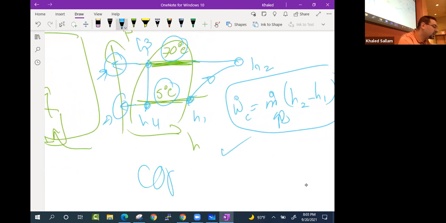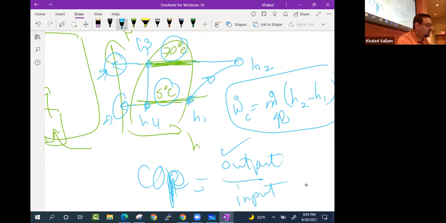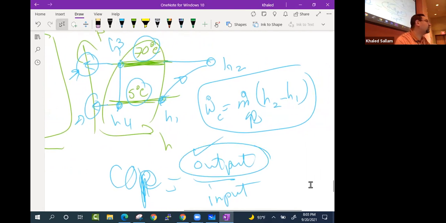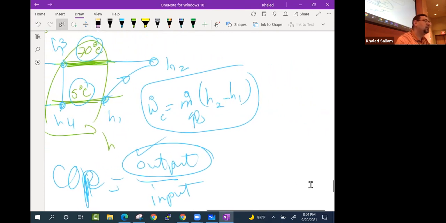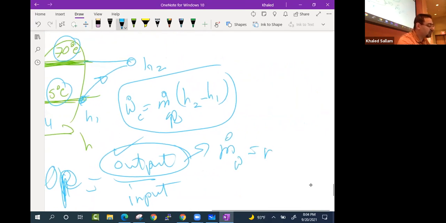Now, to be able to calculate the COP, it's always the output over the input. So what is the output that we're going to get from this thing? We need to come up with a new way to measure how successful this refrigerant is. How successful this refrigerant is will translate into M dot water that's condensed, which is M dot air multiplied by omega minus omega.